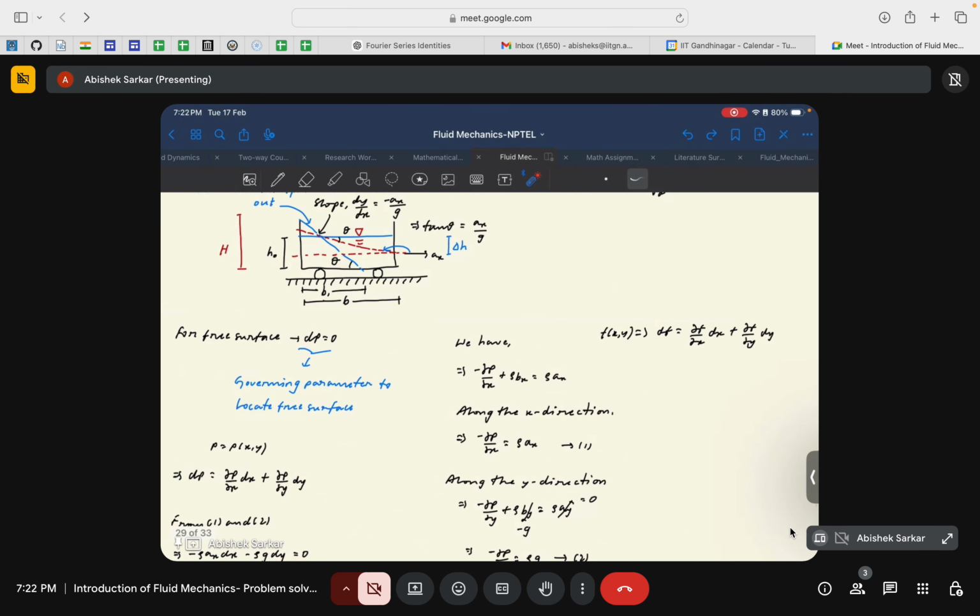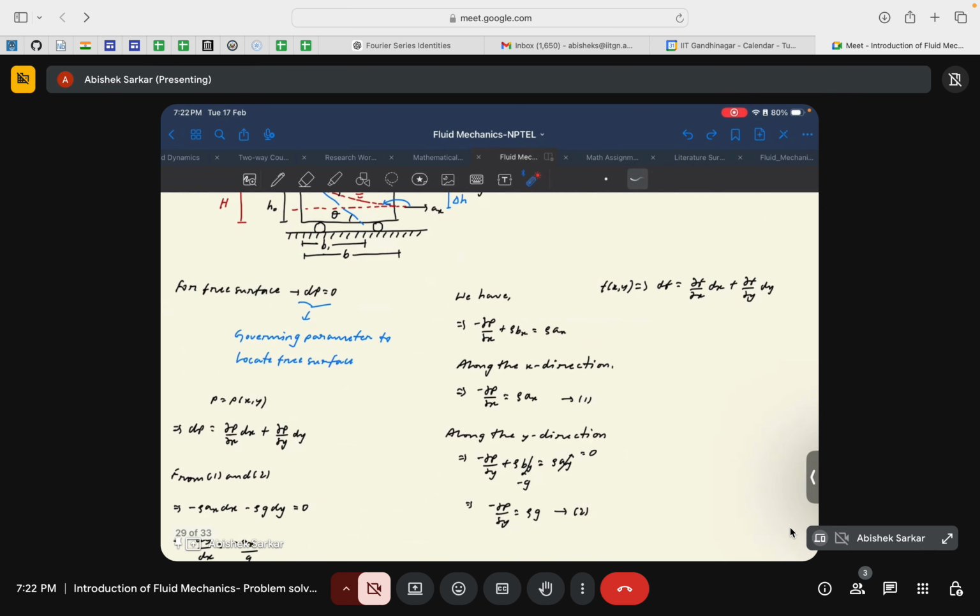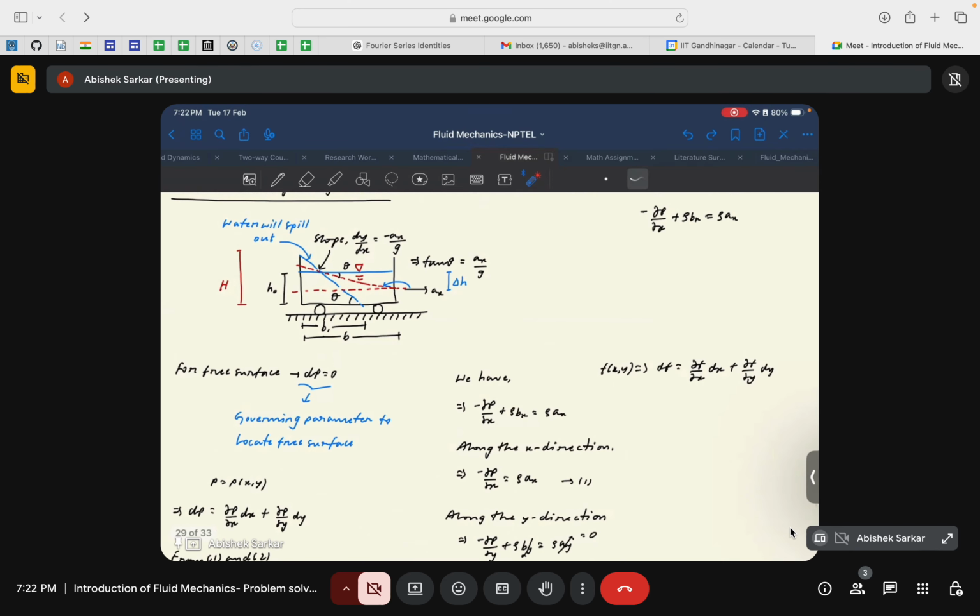Since the free surface is a surface, pressure is a function of two variables, say x and y. Then we can write dp as dou p by dou x dx plus dou p by dou y dy. I know that most of you will already know how this complete derivative dp is represented in terms of partial derivatives, but if there's any doubt, you can just take it as it is.